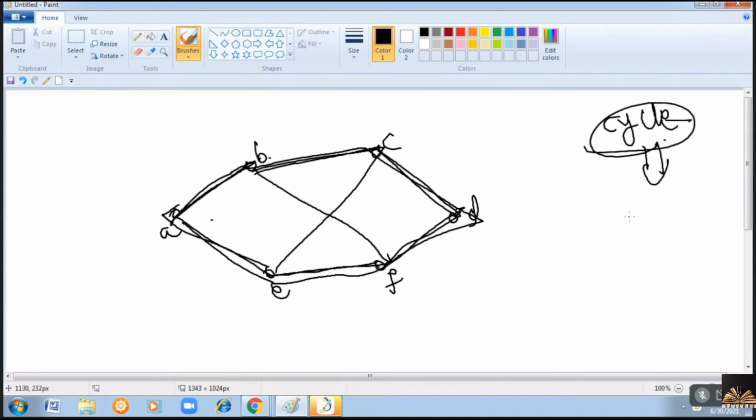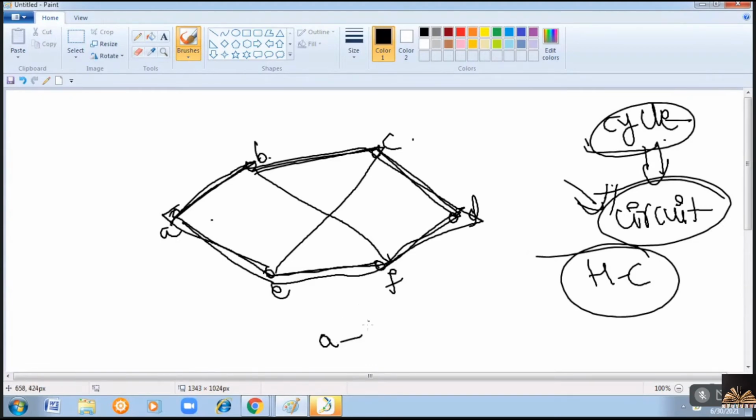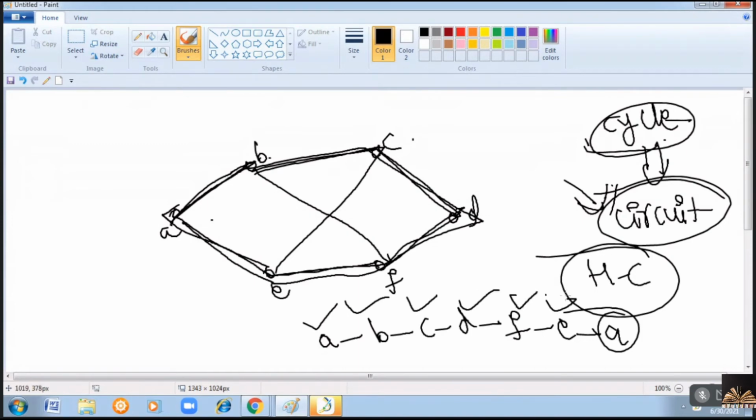Cycle means it is like a circuit only. So in this graph you have a circuit. Therefore, you can say that there exists a Hamilton circuit. That means it is a Hamilton graph. Let me check whether you have a path or not. A to B, B to C, C to D, D to F, F to E, E to A. Visited all the 6, A, B, C, D, E, F, and come back to the starting vertex.